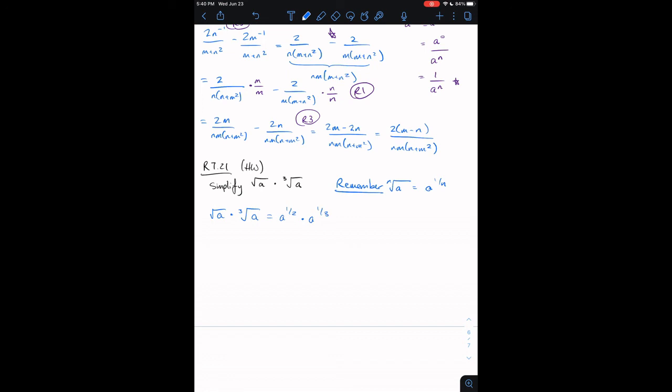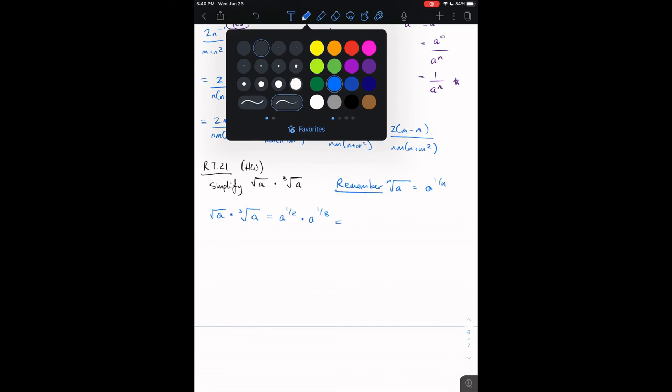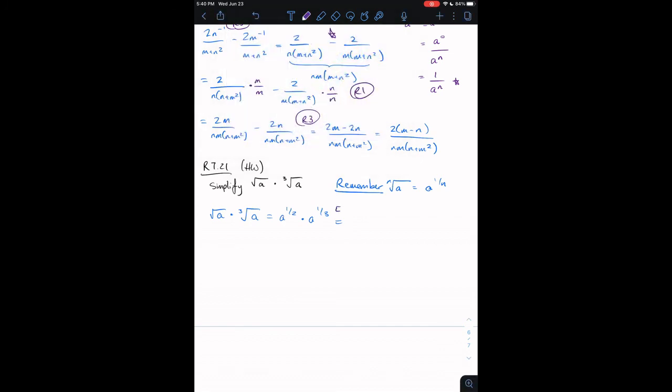And then by the first property of exponents, so this is E1, by the property of multiplying exponents with the same bases, we know that the exponents add. So this is a to the 1/2 + 1/3.